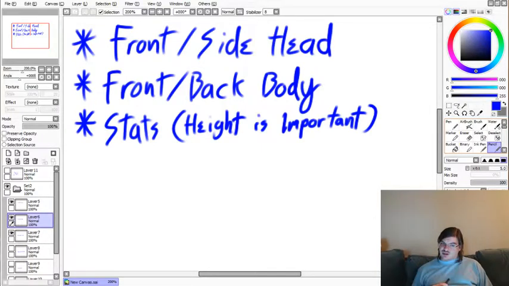Why do we need to include our height? Well, if your character is 6 foot, my character is 4'11", and somebody draws them both at the same height, there's going to be an issue. At least, I would raise an issue if I were a commissioner and somebody did that. If your character is 8'2" and my character is 5 foot, anyway, then you see what I mean.